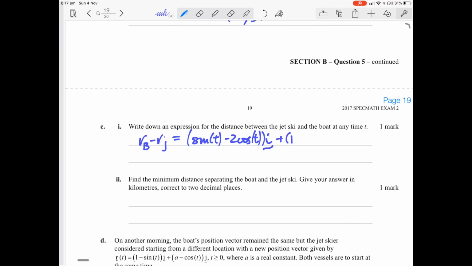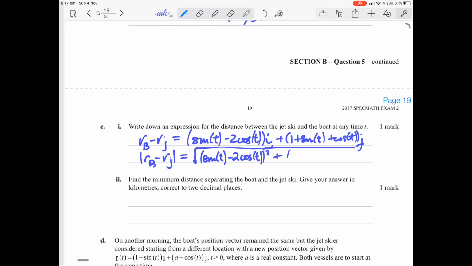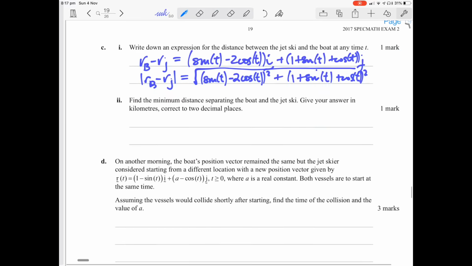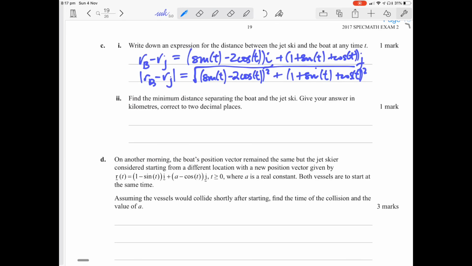So plus 1 plus sine t plus cos t j. So the distance is the magnitude of R of B minus R of J, and that is the square root of sine of t minus 2 cos of t squared plus 1 plus sine of t plus cos of t squared. Find the minimum distance.